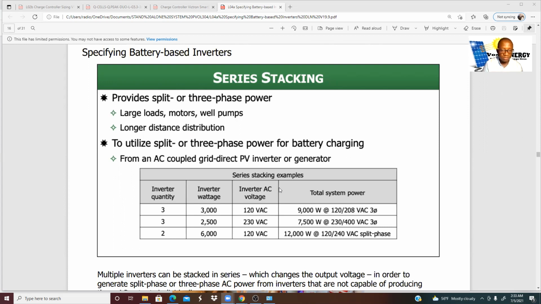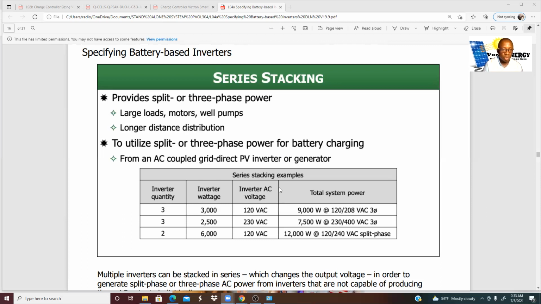The inverter AC volt is 120. Now, if you look right here, total system power, we have 9,000 watts, the wattage adds up. We have 120 by 208 volts.